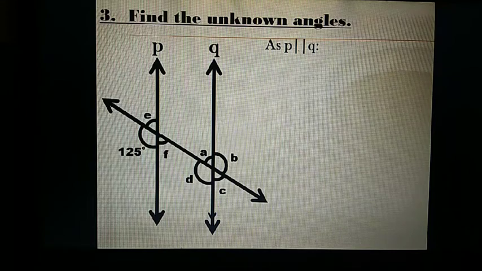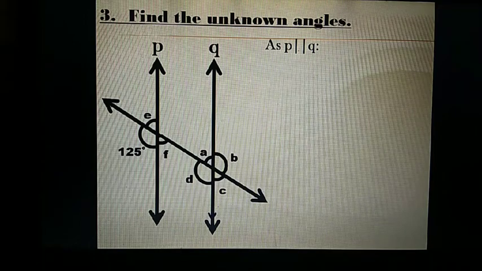So first, here we will take corresponding angles. The one angle known to you is 125 degrees. It is below the transversal, left of the line. Again check for below the transversal, left of the line.